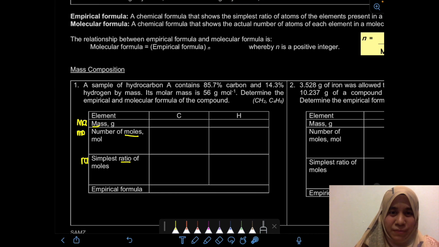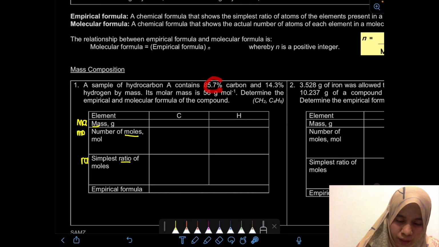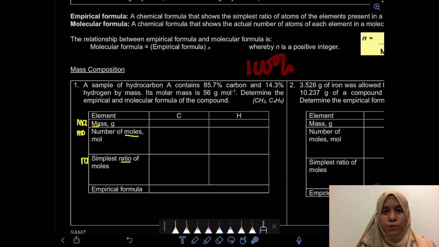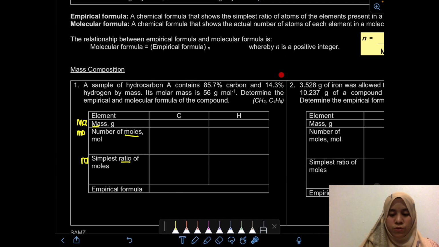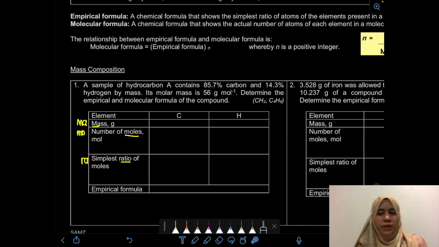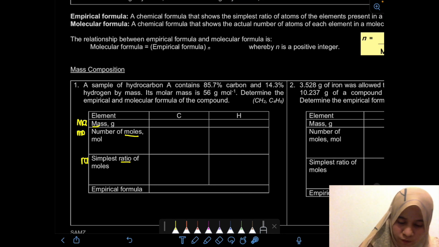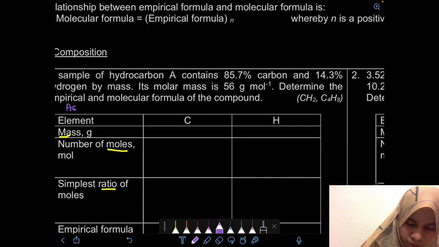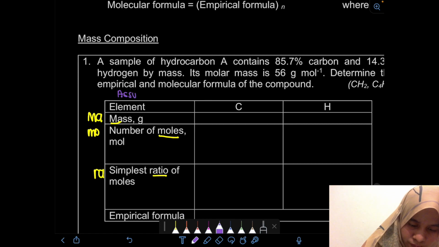Now they only give it in percentage. When we add 85.7% and 14.3%, we get 100%. It means these two added together equal 100%, so we can assume it as 100 grams. So what we first write is assume mass is equal to 100 gram.